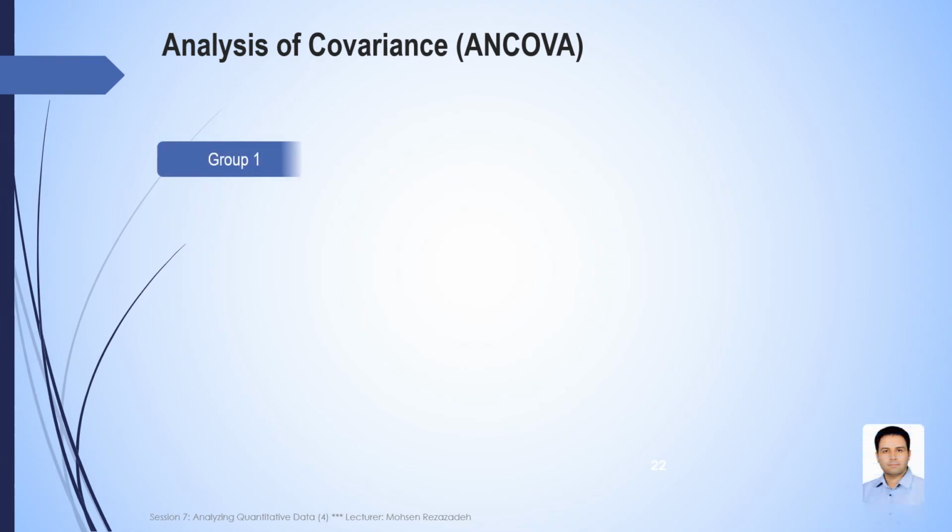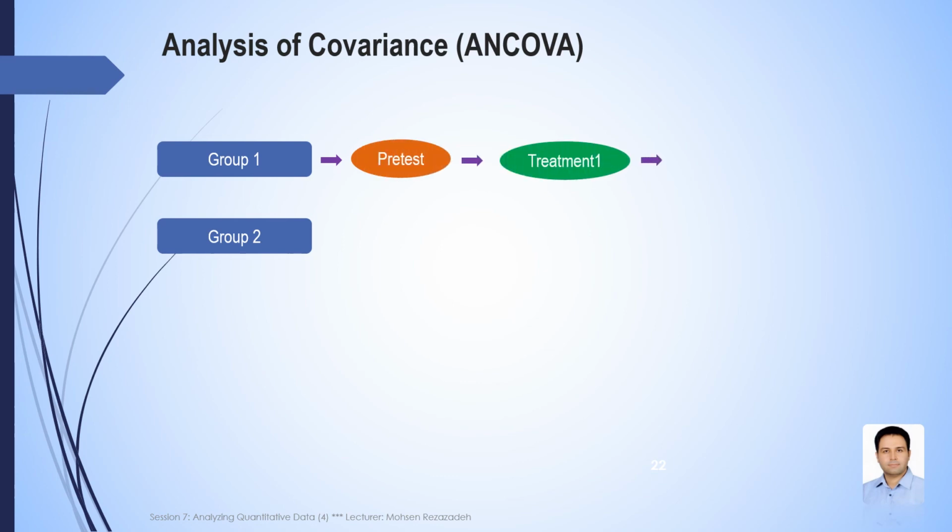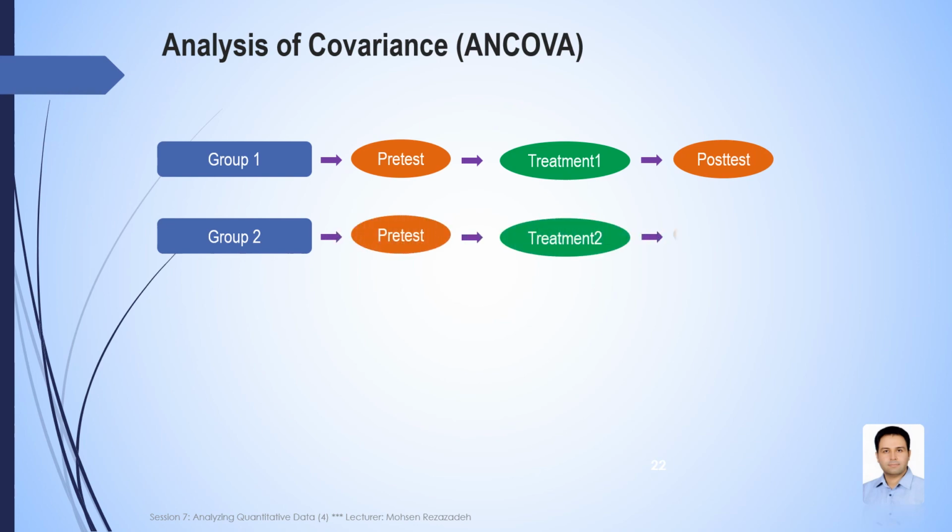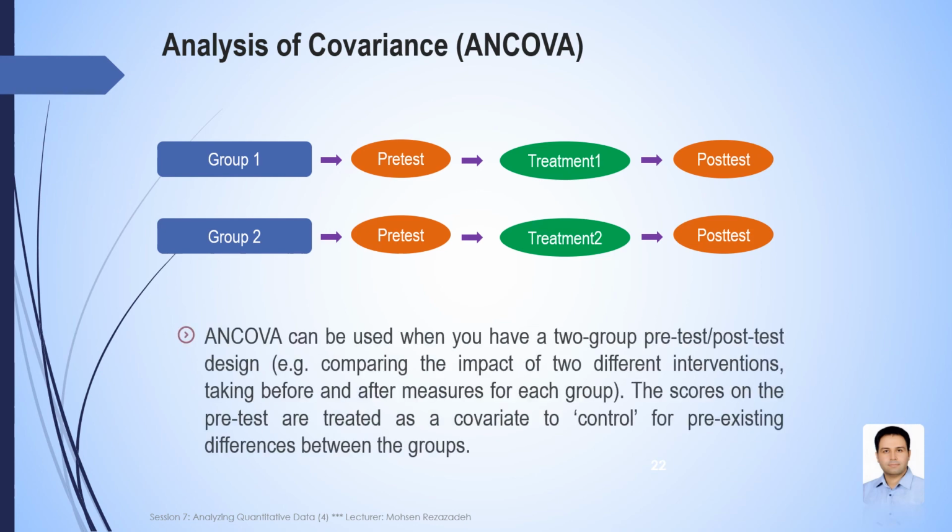Assume that we have 2 groups, group 1 and group 2. For group 1, we have pretest, treatment, and then post-test. For group 2, we have pretest, treatment 2, and the post-test. Here, ANCOVA can be used when you have a two-group pre-test, post-test design.